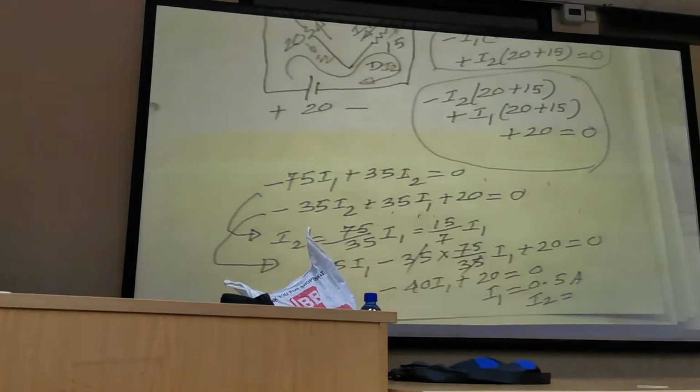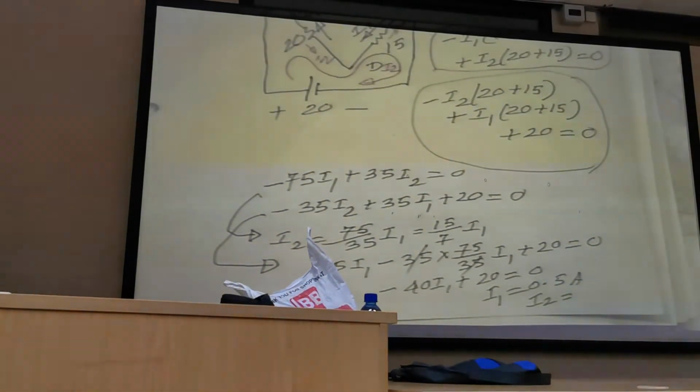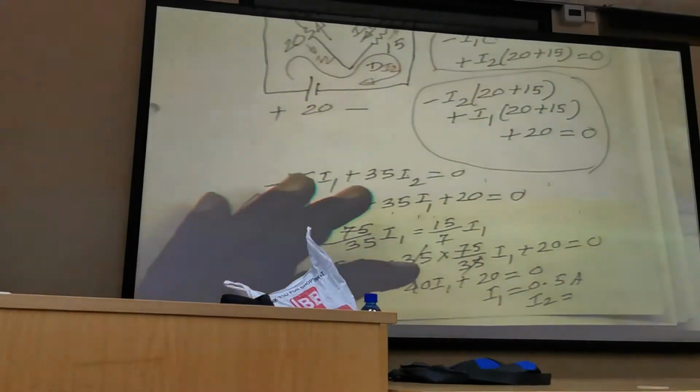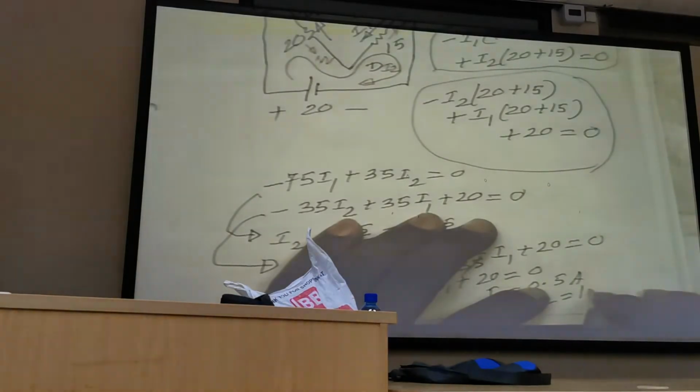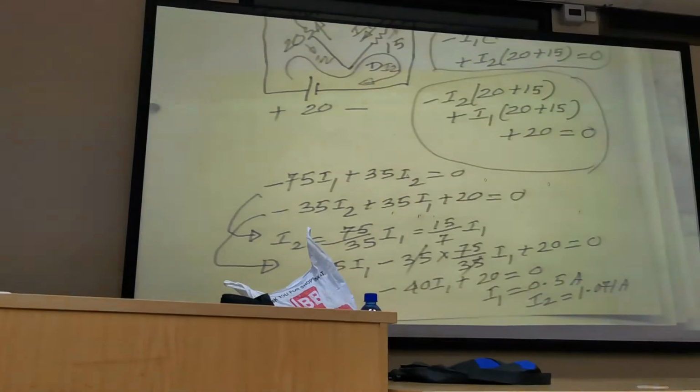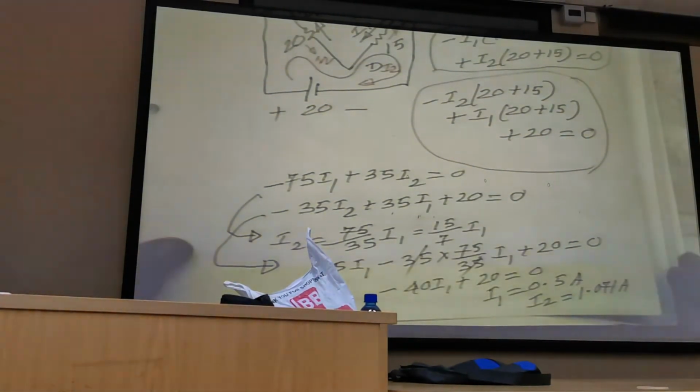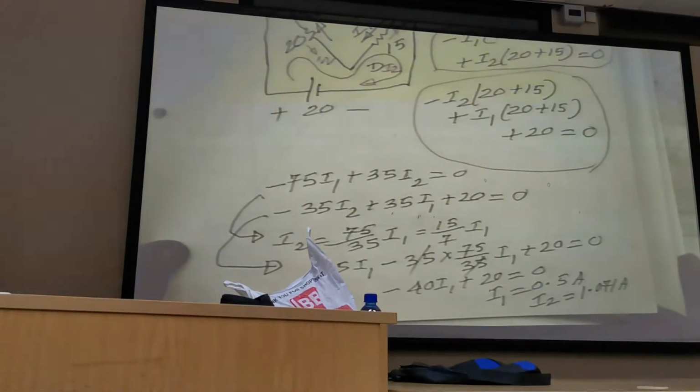So you said 15 by 7 times 0.5, 1.071, right? 1.071 ampere. So you got I1 and I2. I think you can see it. Clear? So you get I1 and I2, but we are not yet done.